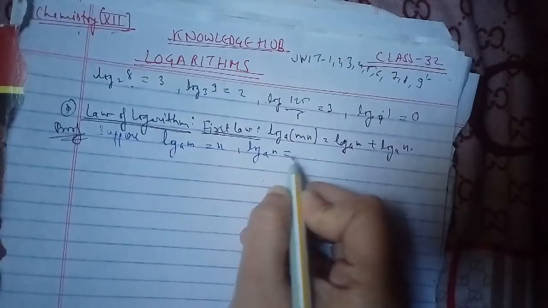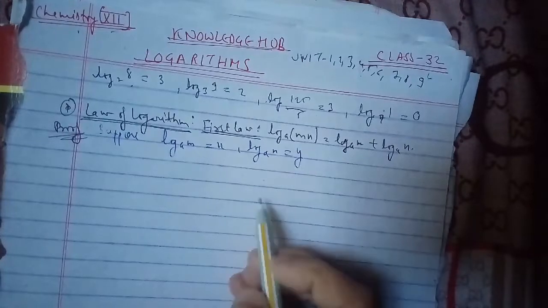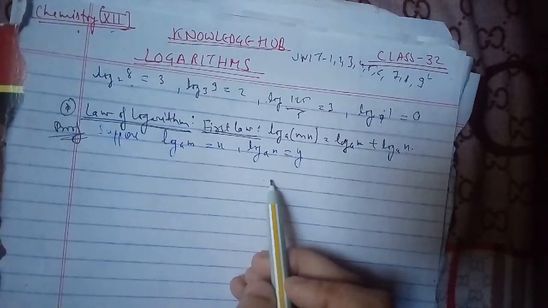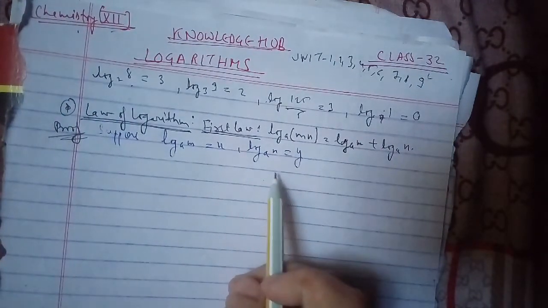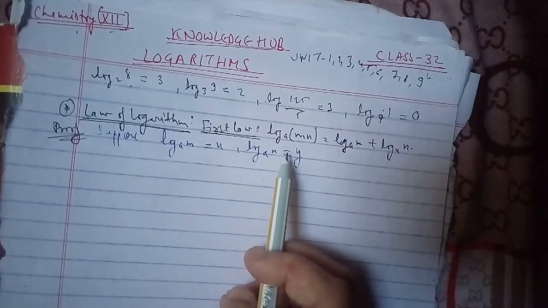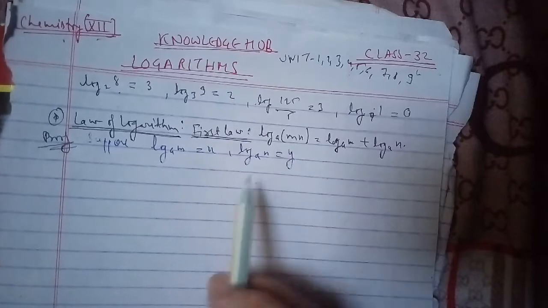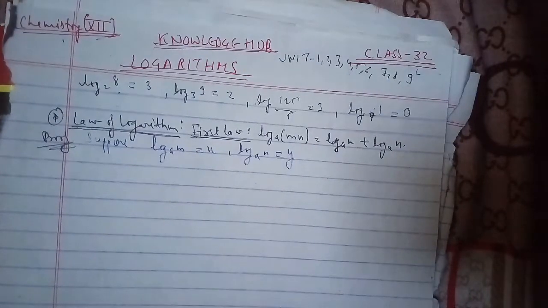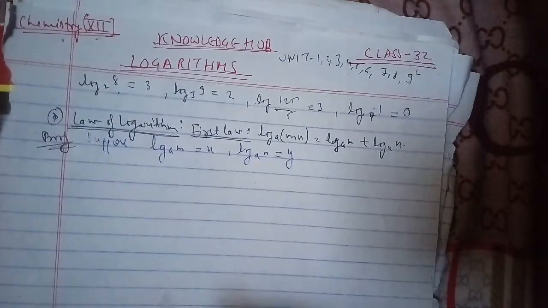Then we can say that a to the power x is equal to m and a to the power y equals n, and hence mn equals a to the power x times a to the power y, equals a to the power x plus y.